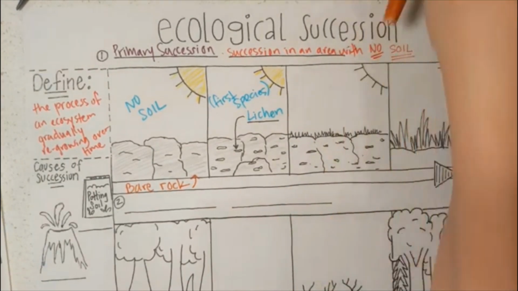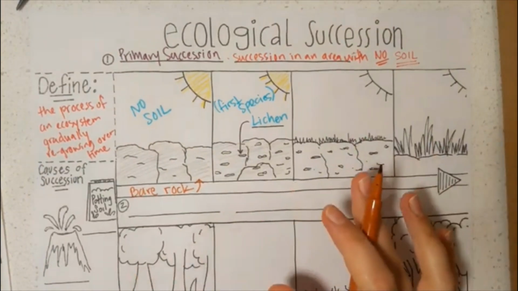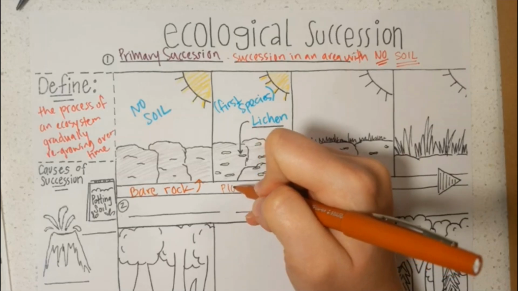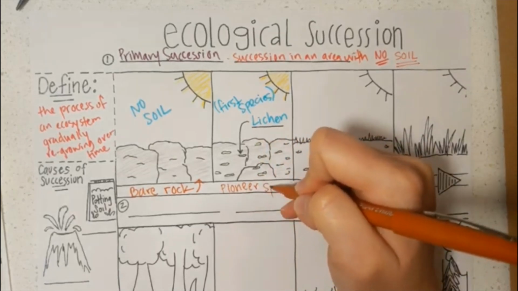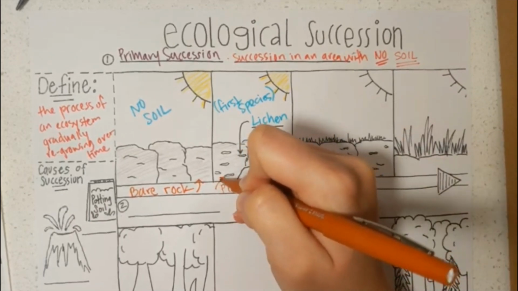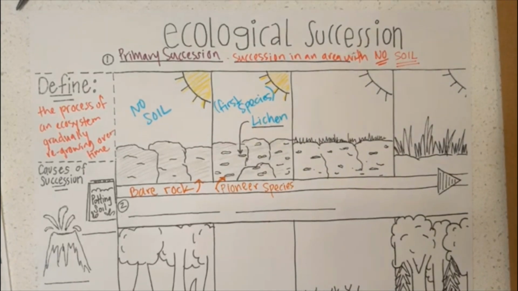Because our lichen is our first species, the vocab word we're going to use to describe that is pioneer species. Now, in succession, we'll say the word pioneer species to describe the first species to go or to regrow in an ecosystem.